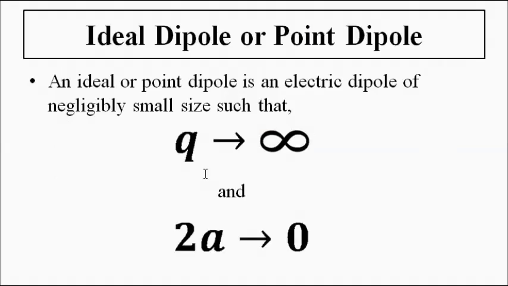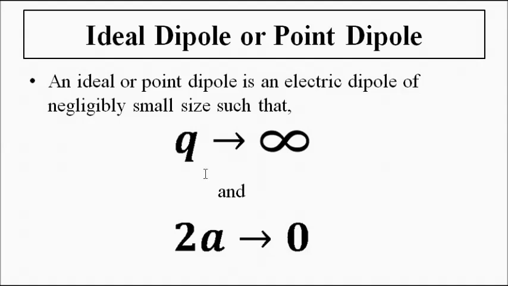Another concept related to the electric dipole is the ideal dipole. Okay, what is an ideal dipole or a point dipole? An ideal dipole or point dipole is of negligibly small size. That is, the separation distance is very small, almost zero, and the charge is infinite.